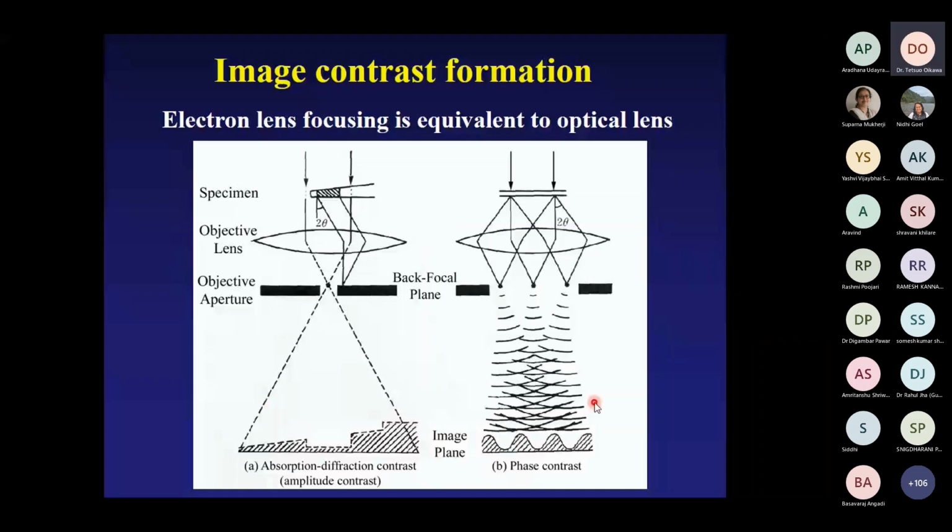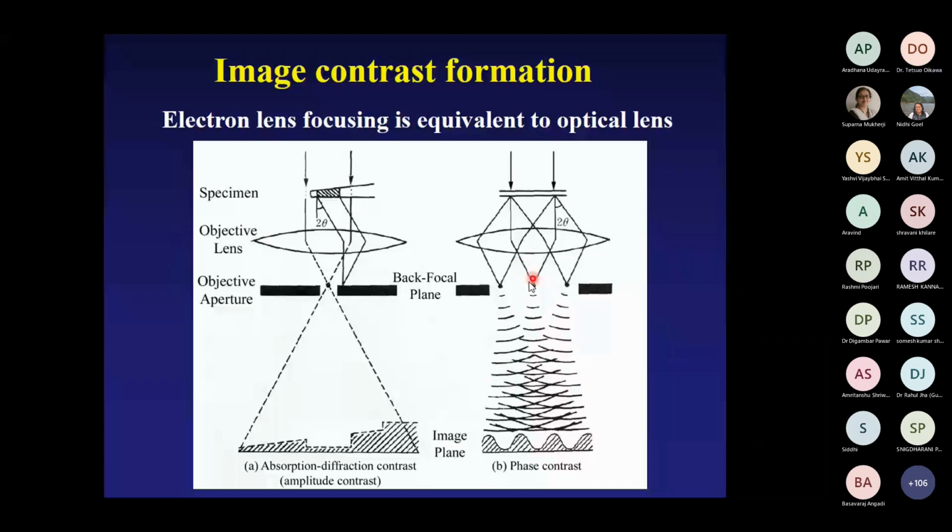On the other hand, the right one is the phase contrast. When the sample is crystalline, the electrons generate a scattering diffraction condition. By applying a bigger objective aperture, the scattered electrons are accepted for image formation, as the back focal plane transmits the electrons. The scattered electrons generate interference fringes because the scattered paths have a phase difference.